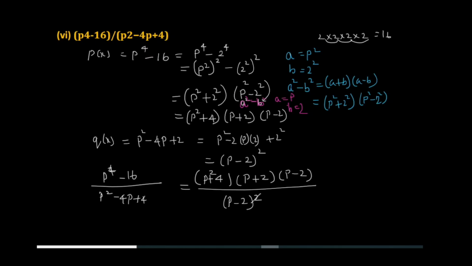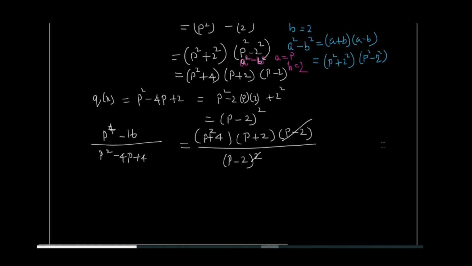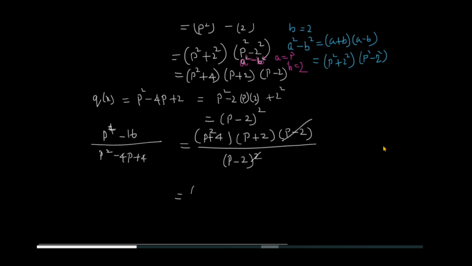We can cancel one factor with this. So the rest of the factors, p squared plus 4 into p plus 2 divided by p minus 2. This is the answer for the given one.